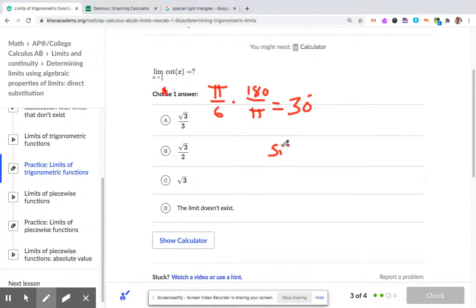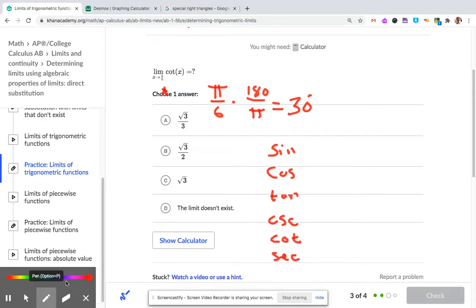We've got sine, cosine, and tangent. We also have cosecant, cotangent, and secant. Here's how I remember it. First, SOHCAHTOA.